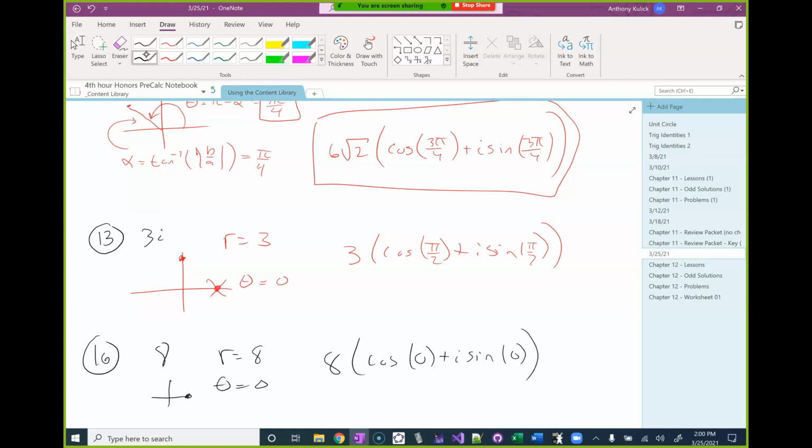But if the directions say to make sure your angle is between 0 and 2 pi or 0 and 360, then yes, I would care. I wasn't sure if I did this one wrong, because the answer said the angle was 0, I got negative 360. Same thing, right? They're coterminal, so the only issue would be following directions there. You have the right answer, but I don't know if it followed the directions for that problem.